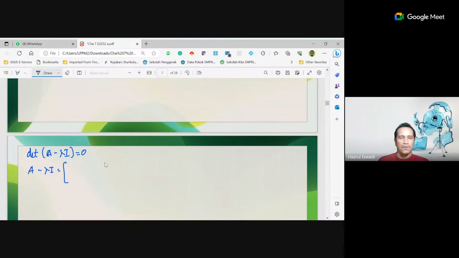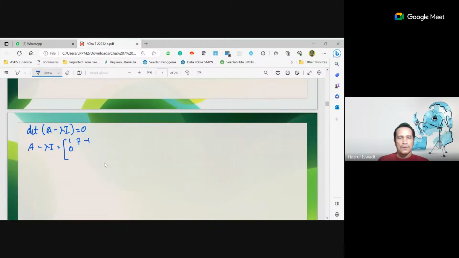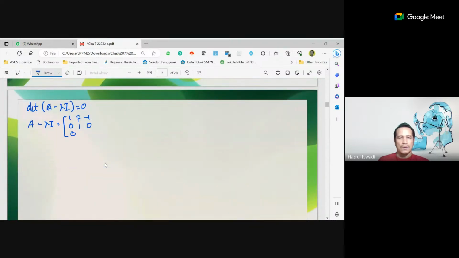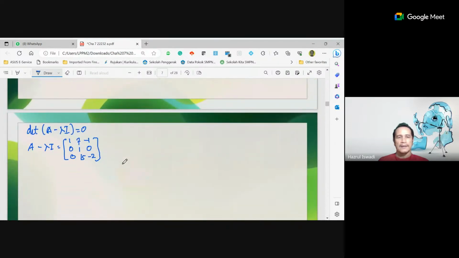A is 1, 7, minus 1, 0, 1, 0, 0, 15, and minus 2. This is the A. Okay, A minus lambda multiplied by the identity 1 0 0, 0 1 0, 0 0 1.